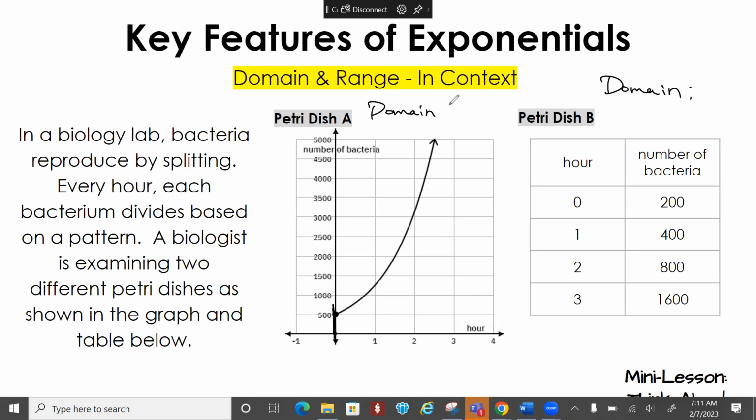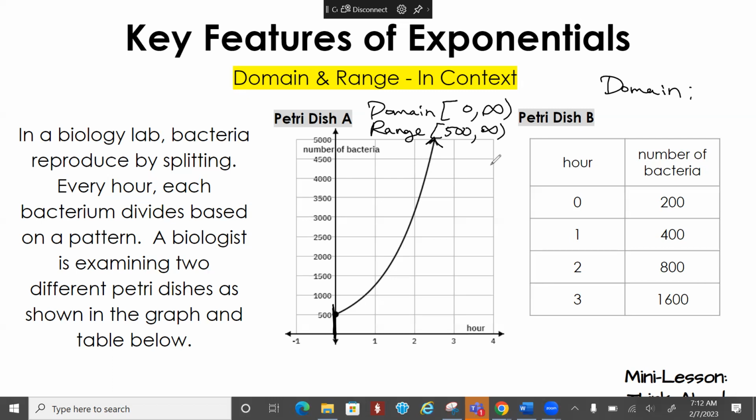And then how far to the right do we go? Infinity, right? With our range, where do we start? 500. And where do we end? Infinity. Okay, normally they'll tell you a cap of like 10 hours or something like that. But in this case, we're going to put infinity.